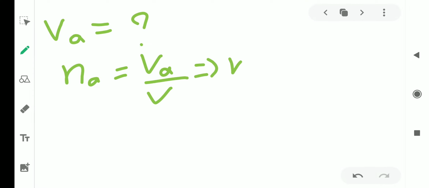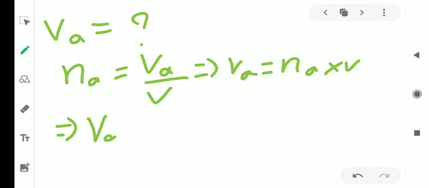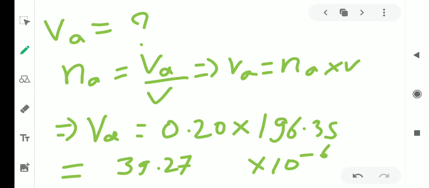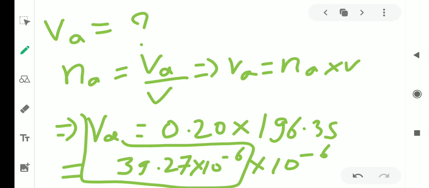So volume of air is equal to Na into total volume, or 0.20 into 196.35 into 10 to power minus 6, what we have obtained earlier. So volume of air will be equal to 39.27 into 10 to power minus 6 meter cube.